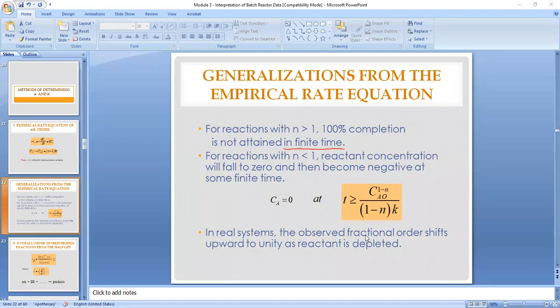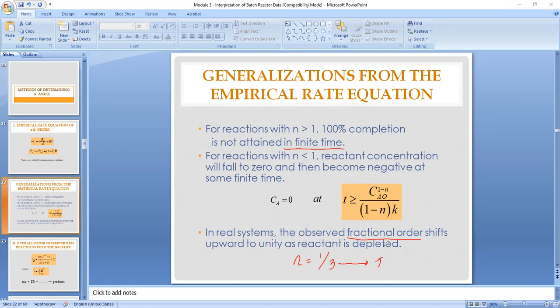So it would have been explained better if you gave an example. For example, your order of reaction is 1/3. Fractional order, it says here. This 1/3 is less than 1, right? So for real systems, the observed fractional order, let's say 1/3, shifts upward to unity, meaning this approaches 1.